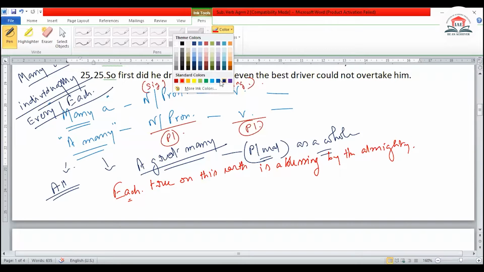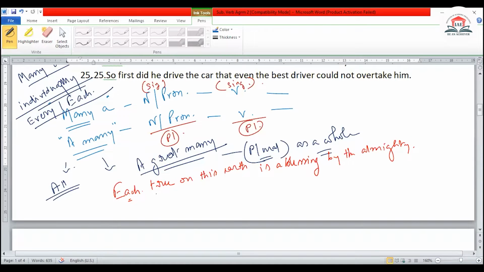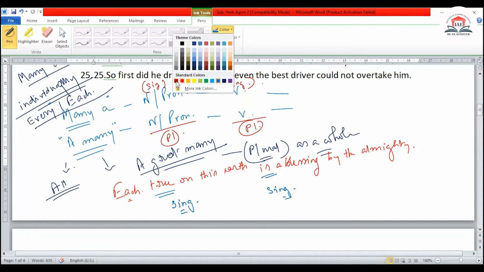Now see what I've written here. Each tree, not trees, right? Singular. Now the verb, singular, is. Now the same sentence I'm going to write in a different mode.